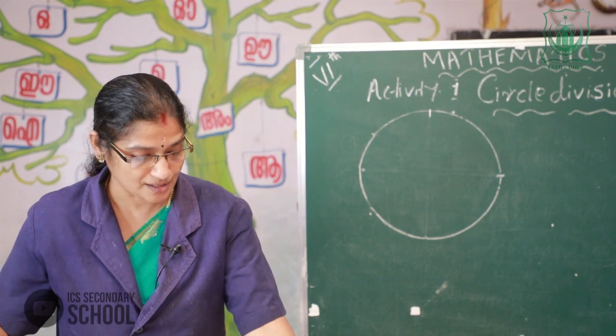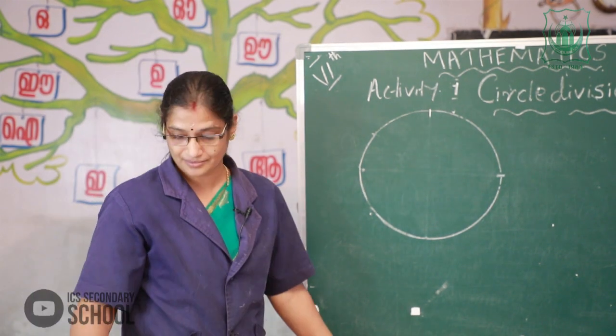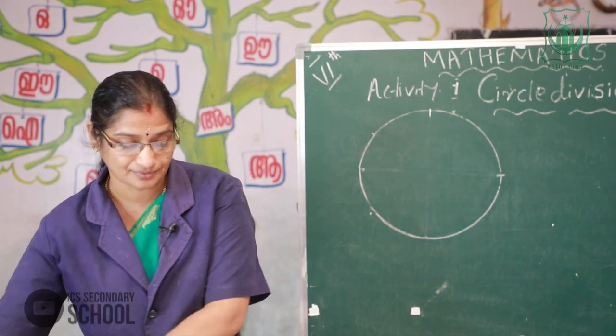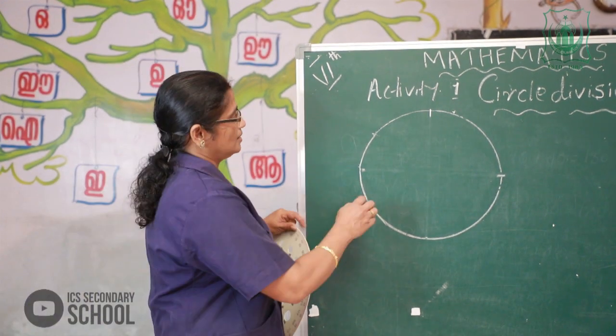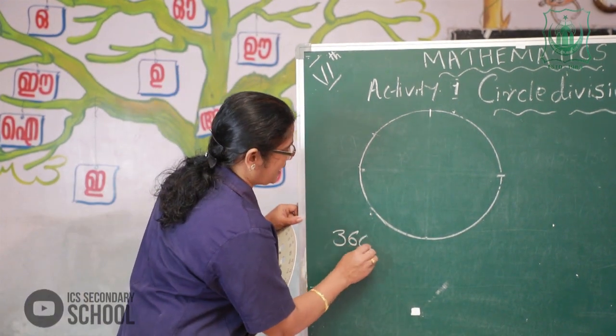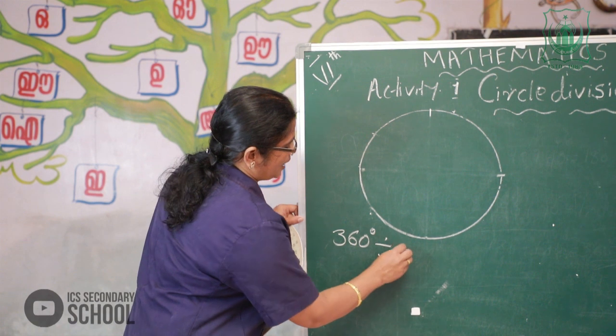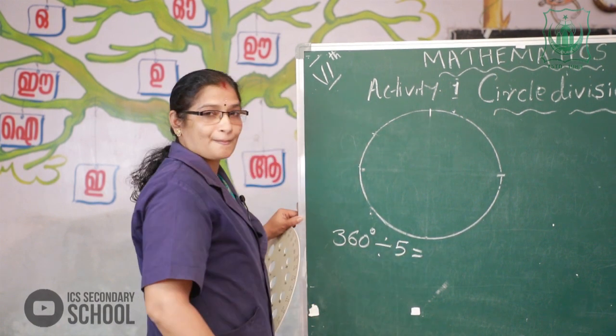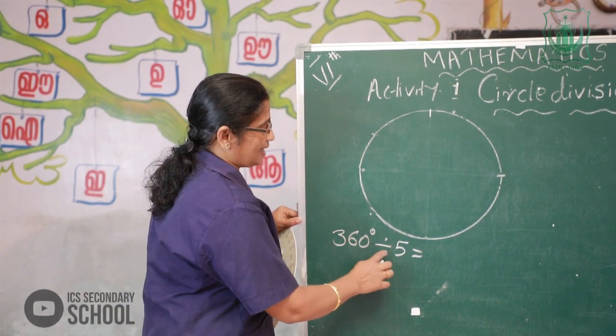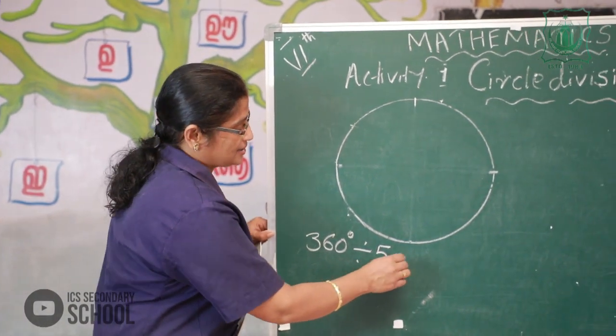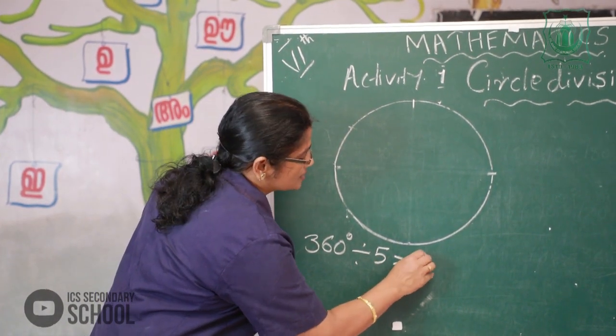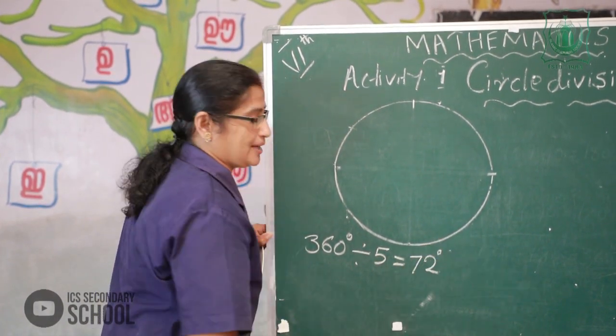Use the set square to divide the circle. And this circle, 360 divided by 5, is equal to 72 degrees.